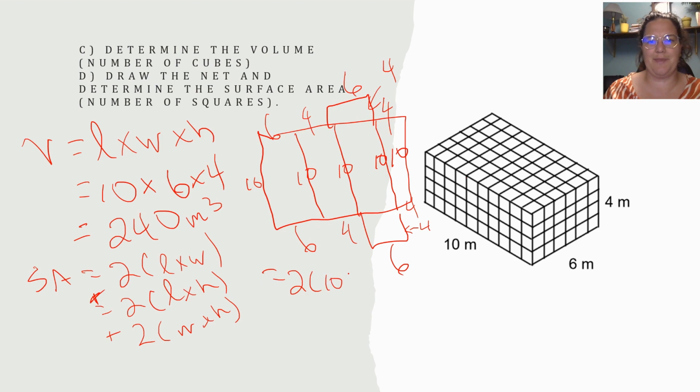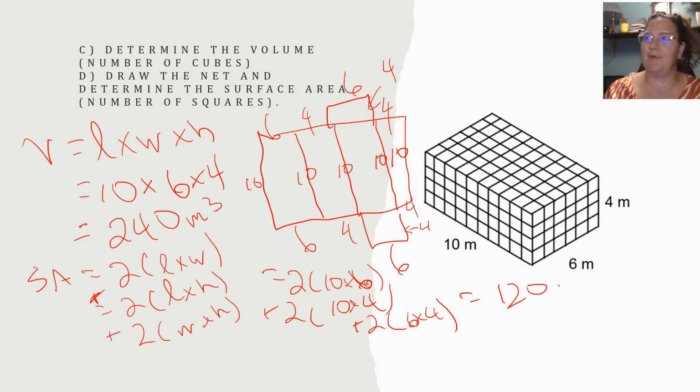So 2, 10 times 6 plus 2, 10 times 4 plus 2, 6 times 4. And you could break this all down. We would get 120 plus 80 plus 48 gives us a total of 248 meters squared.